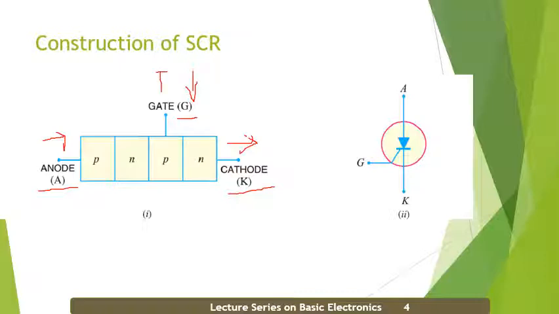What is this IG? This is the gate current applied to the circuitry. This IG enters through the gate terminal so that your SCR turns on.